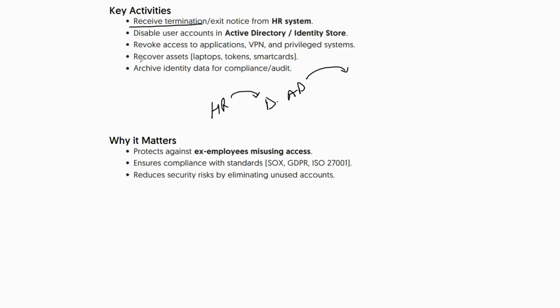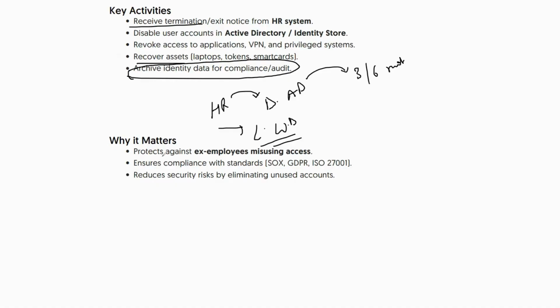And then there'll be a recovering of assets. Finally, data will be archived for compliance reasons for, let's say, 3 months, 6 months. And this is happening once you hand over everything. You handed over the laptop, your last working day. In between it will not happen. Last working day, I think sometimes maybe a day or 2 days later also.